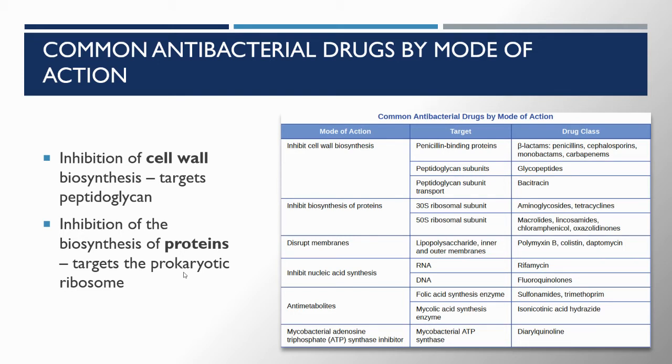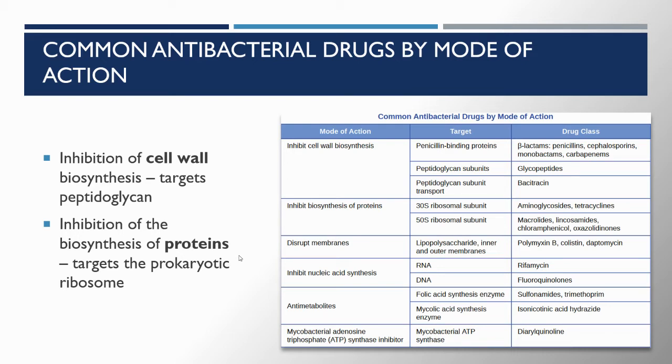So we can make an antibiotic that recognizes those differences, that is able to act on the prokaryotic ribosome, but can't act on the eukaryotic because it's a different shape and size. By targeting that, we target the biosynthesis of proteins. If you can't make proteins, you lose your metabolism.